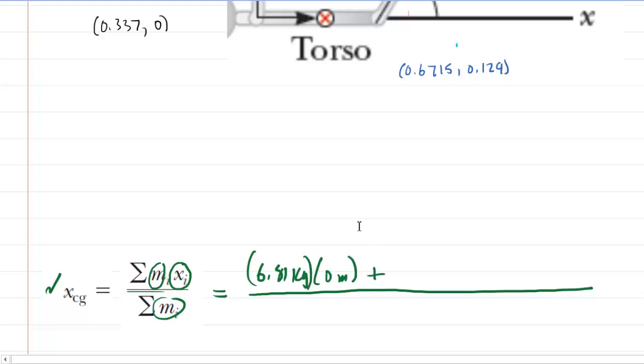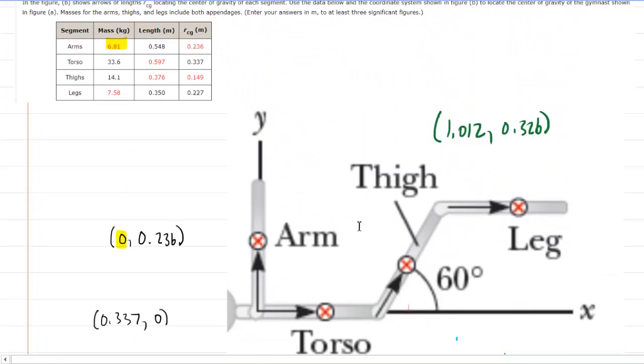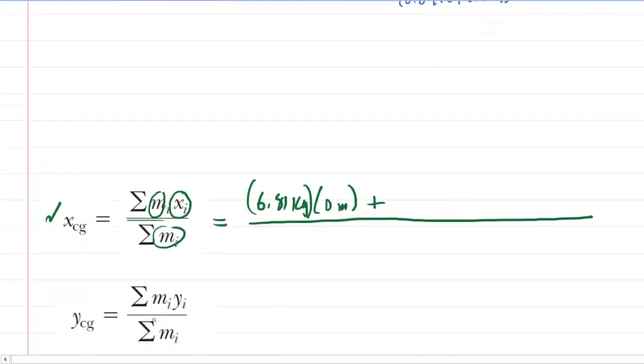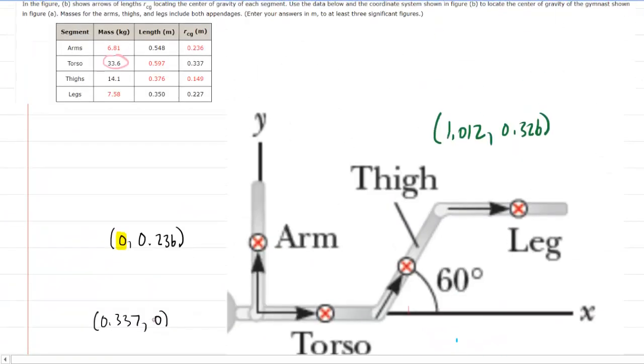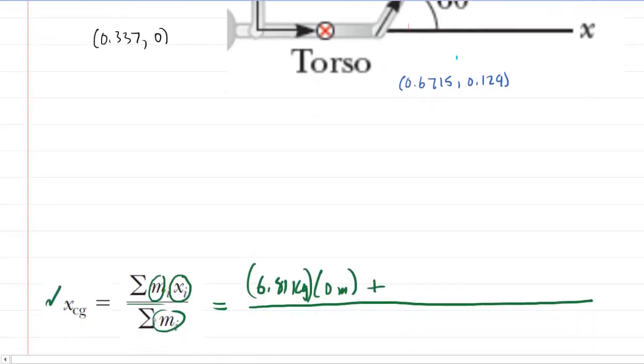And then you'll move on to the torso. The torso has a mass of 33.6 and an x-coordinate of 0.337. So that's 33.6 kilograms times 0.337 meters.